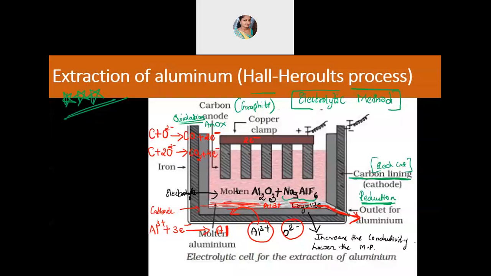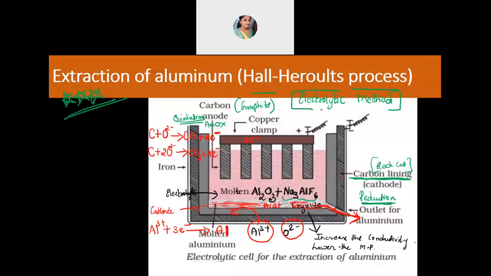That rod will become smaller and smaller because it is getting oxidized here. Since they are giving rise to carbon dioxide, as the reaction continues, the rod will vanish because of the formation of this gas. So it has to be replaced. If you want that reaction to continue and aluminium to be formed, once you see that the rod is becoming smaller and smaller, it has to be replaced again.